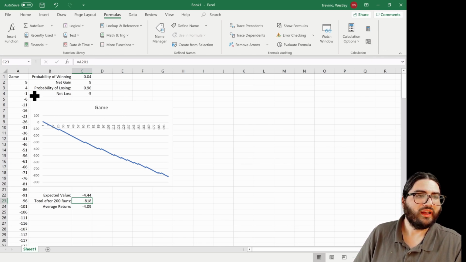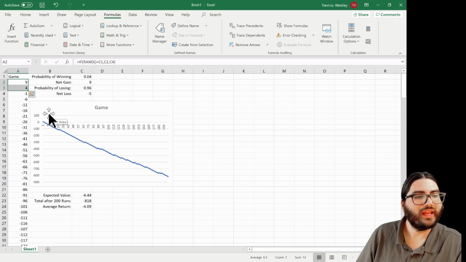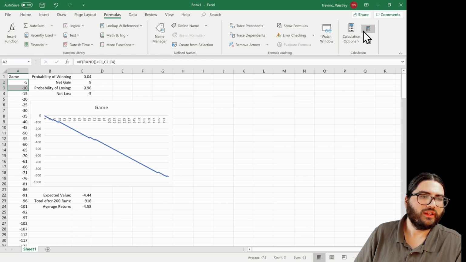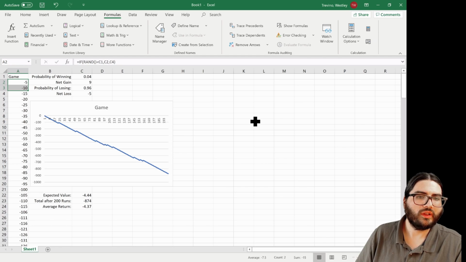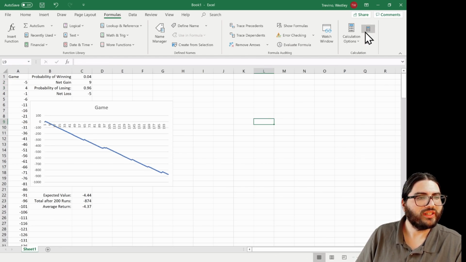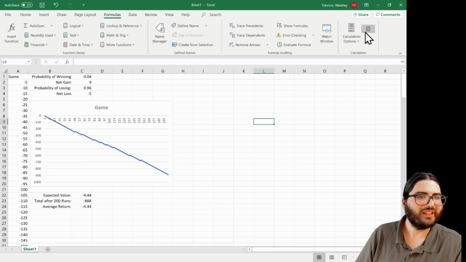Every now and again, I will have a few positive values. You can see if I just so happen to win the first game, I'll be positive for a while. I'm not sure if I'll ever get one where I win the first 2 games in a row. It is possible, but not very likely. It's a 4% chance that you win the first game and a 4% chance you win the second game.